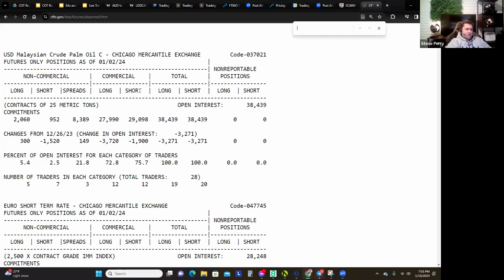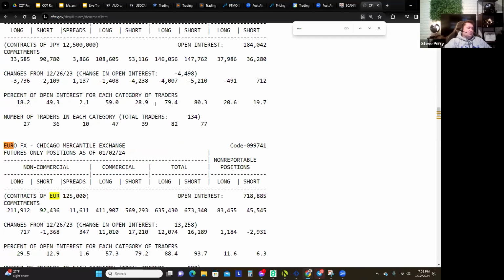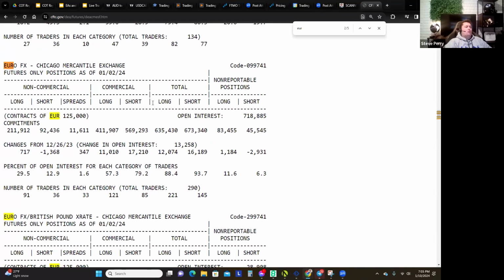Let's actually pull up the euro. This is probably the most common currency that's traded in the Forex world, right? Since this is the commodities and futures market, this is specifically looking at futures contracts. So we're not looking at necessarily the euro dollar currency pair, because the CFTC actually doesn't monitor currency pair contracts.